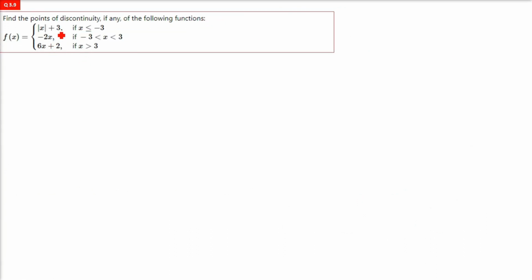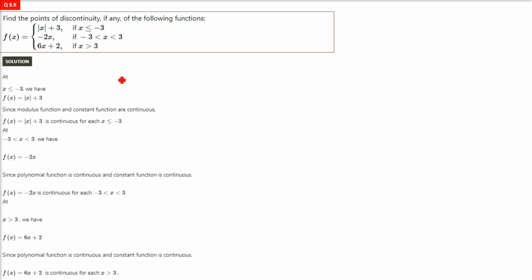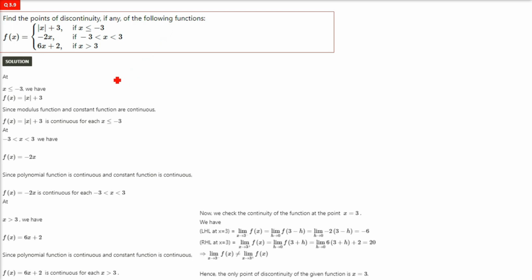Find the points of discontinuity, if any, of the following functions. Okay, so there are 3 separate functions, and these separate functions are individually continuous. We have to check at 3 and minus 3 as well. That is, if you start with this real line, so 0, just to show how the line goes, negative 3 on the left hand side, positive 3 on the right hand side.